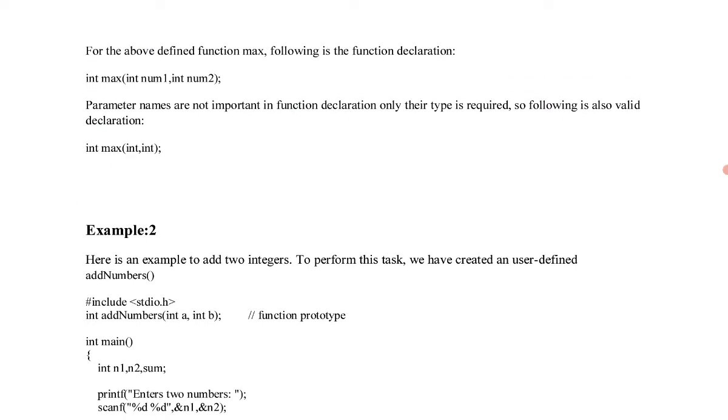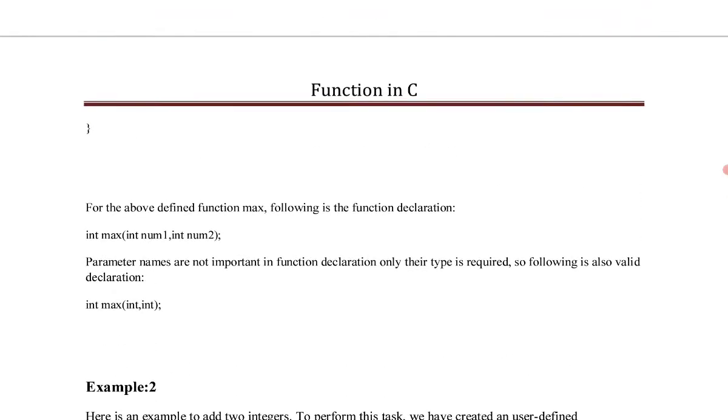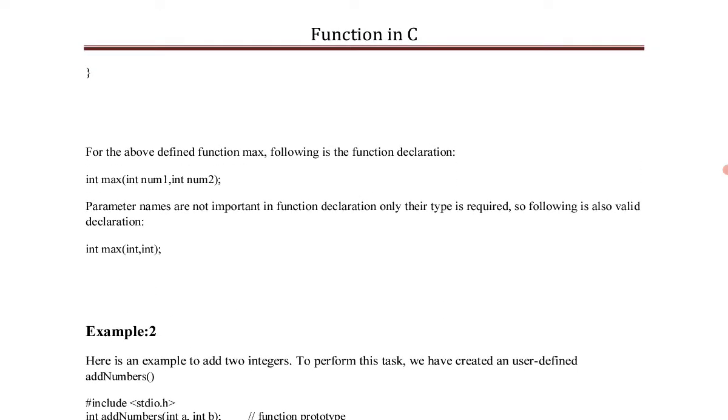For example, this is another example, to find out the maximum of two numbers by using a function. Here max is a function: int max(int num1, int num2). This is the definition of a function.